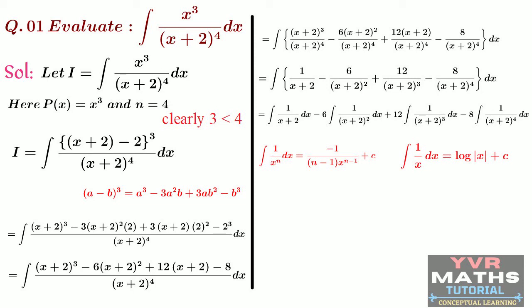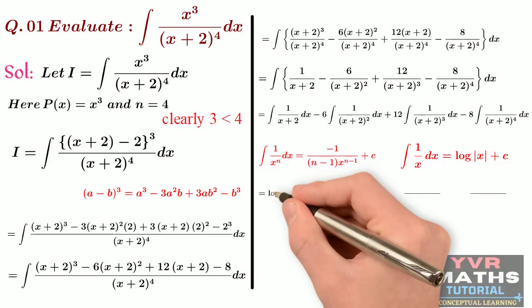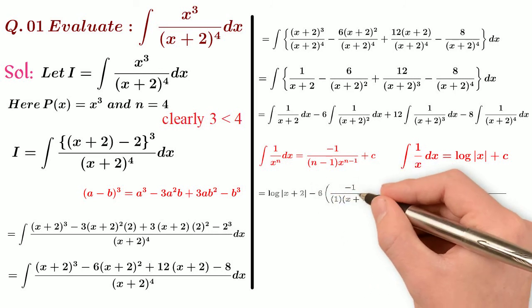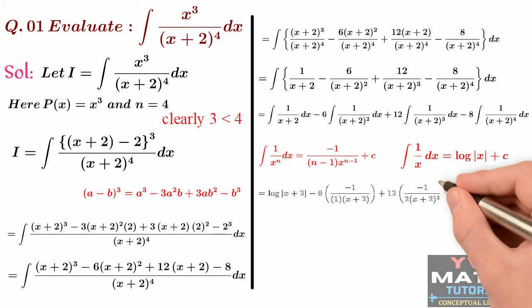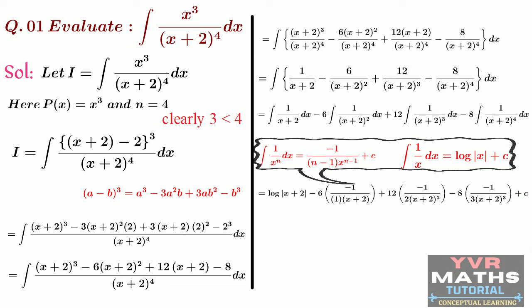After applying these two formulas, in the next step you get log modulus of x plus 2 minus 6 into minus 1 by 1 into x plus 2 plus 12 into minus 1 by 2 into x plus 2 whole square minus 8 into minus 1 by 3 into x plus 2 whole cube plus c. I just applied these two formulas, students, I didn't do anything else here.